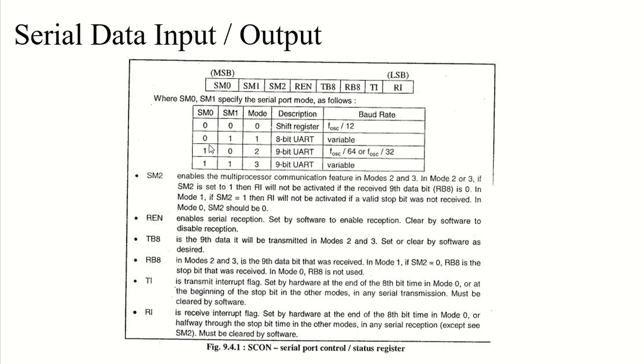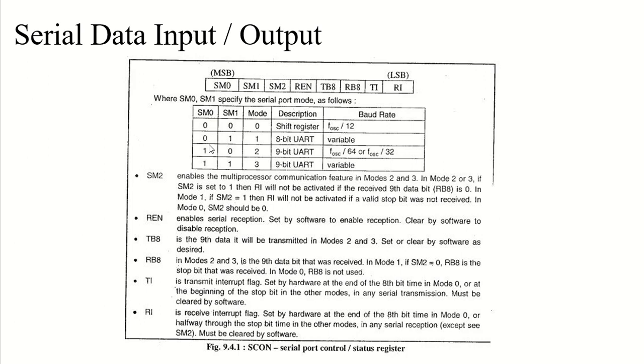Then we have REN, which enables the serial reception. It is set by software to enable the reception and cleared by software to disable the reception. Simple. So basically you don't play with the REN pin. Then we have TB8, which is the ninth data bit.